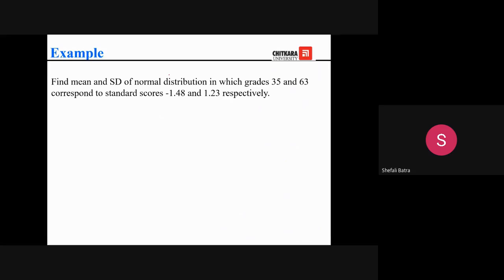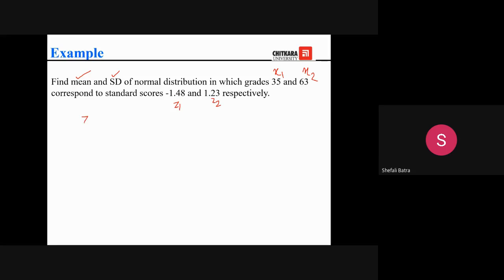Find the mean and standard deviation of a normal distribution in which grades 35 and 63 correspond to standard scores minus 1.48 and 1.23 respectively. These are grades and these are standard scores. Standard score means this is your z1 and this would be your z2, and this would be your x1 and this would be your x2. So you need to find out mean and standard deviation.